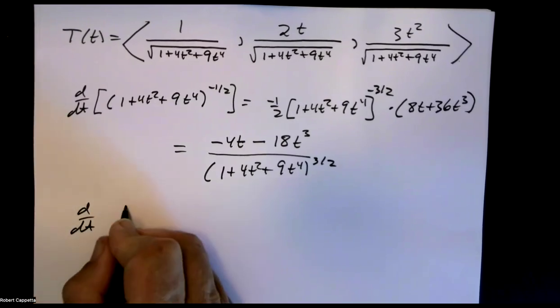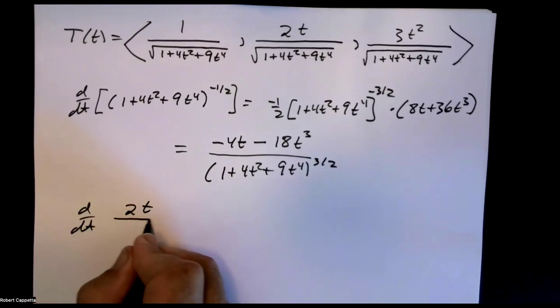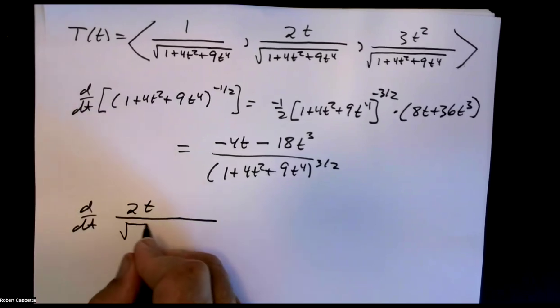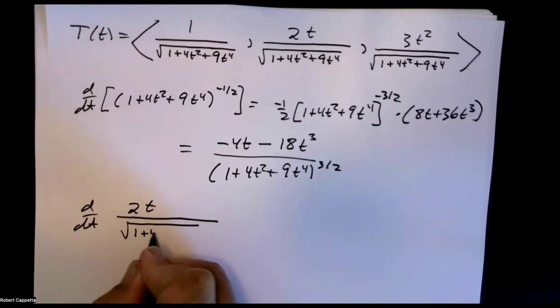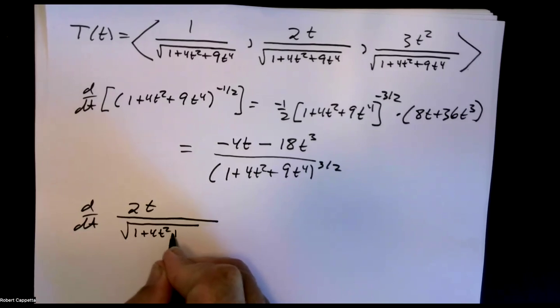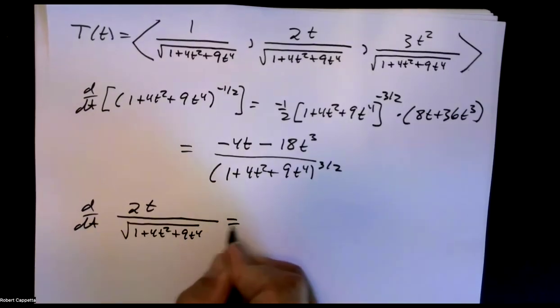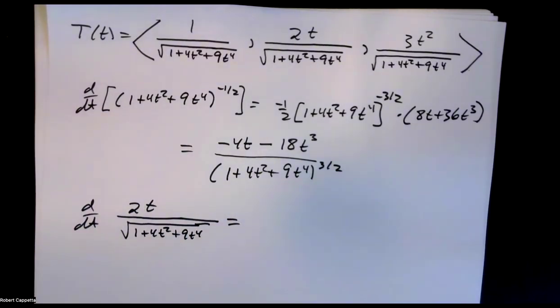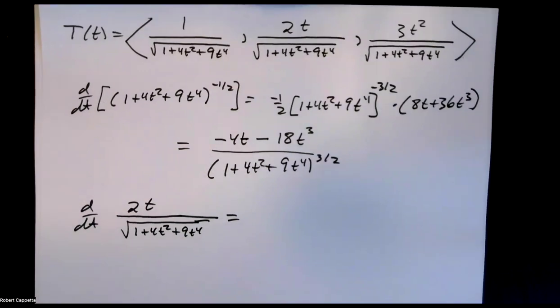What is the derivative with respect to t of 2t over the square root of 1 plus 4t squared plus 9t to the fourth? Let's use an app to do this derivative for us. So let's take a look.